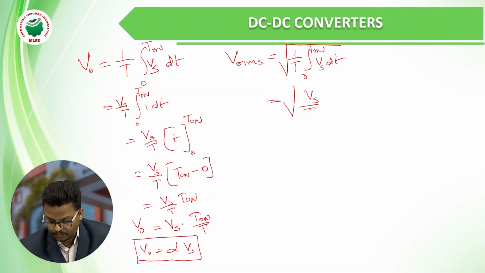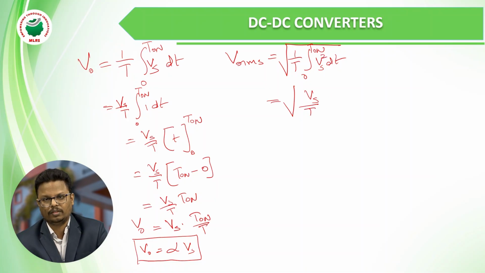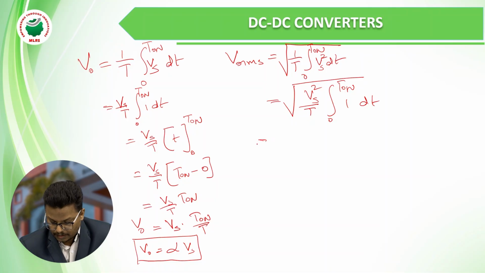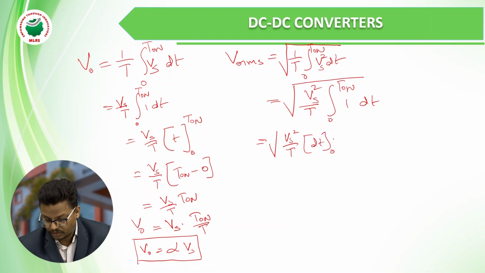So Vs squared by T, since the function will be squared. So Vs squared is taken out, and here integral of 0 to T on of 1 dt, under the root of Vs squared by T. If you integrate 1, we will get t, so the limits are 0 to T on.